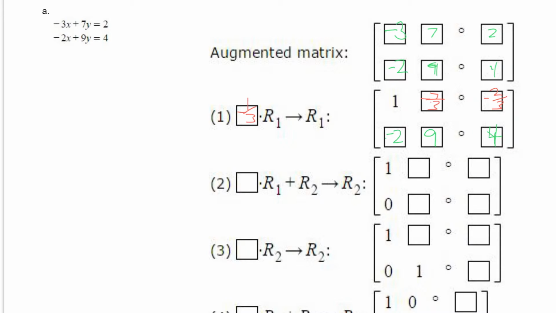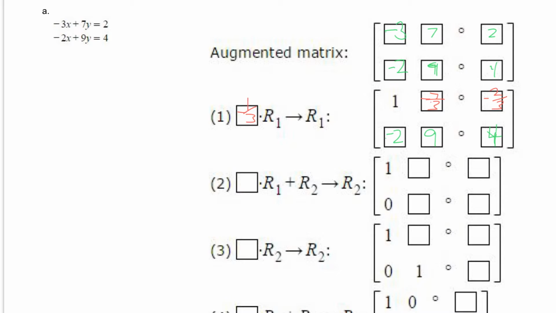Now I'm coming down to the second thing. The next thing that I want to do is get row 2, column 1 to be 0. To get this to be 0, I need to multiply row 1 by some number and add it to row 2. If I multiply a number here by 1 and add it to negative 2, I need it to be 0, which means I need its opposite.